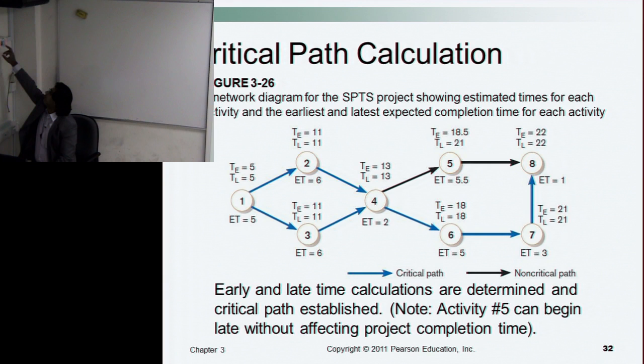One plus 18.5 gives 19.5, and then expected time plus earliest time. This is 21 plus 22.